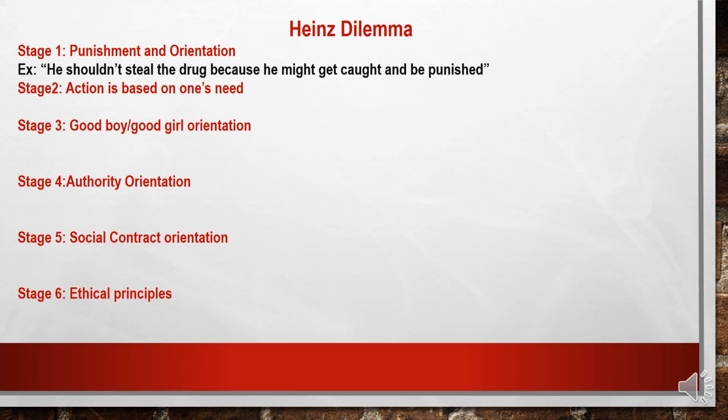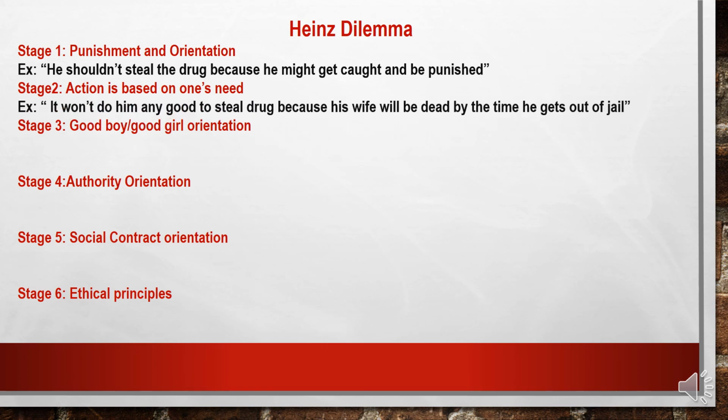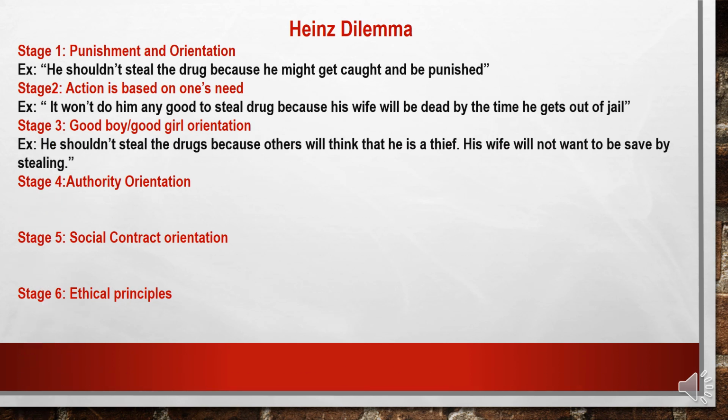For stage 2, action is based on one's needs. It won't do him any good to steal the drug because his wife will be dead by the time he gets out of jail. For stage 3, good boy and good girl orientation: he shouldn't steal drugs because others will think that he is a thief. His wife will not want to be saved by stealing.